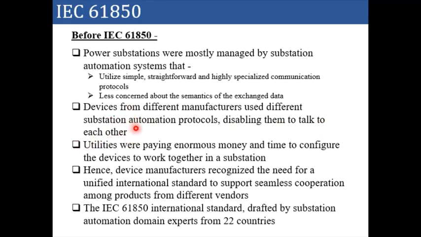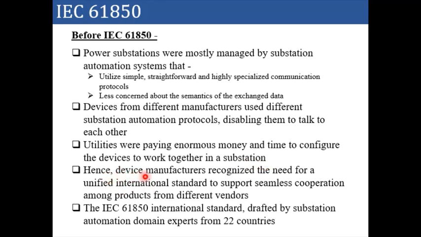And because of that, if utilities were buying the devices from one manufacturer, they were bound to buy the other devices also from the same manufacturer, because the devices of other manufacturers were not able to communicate with the devices of this manufacturer. Because of that, utilities were paying enormous money and time to configure the devices to work together in a substation.